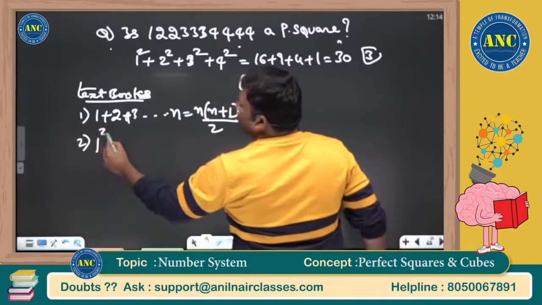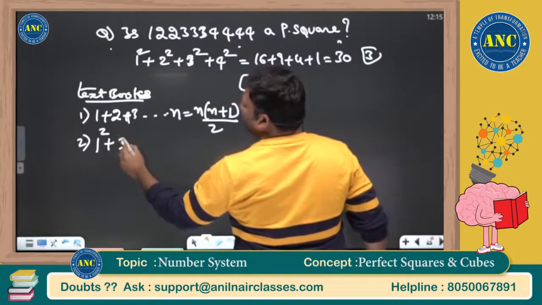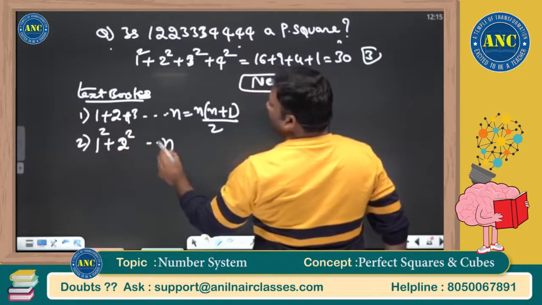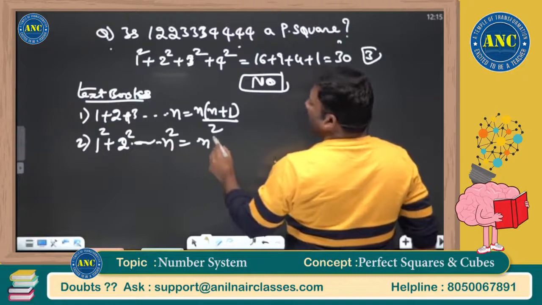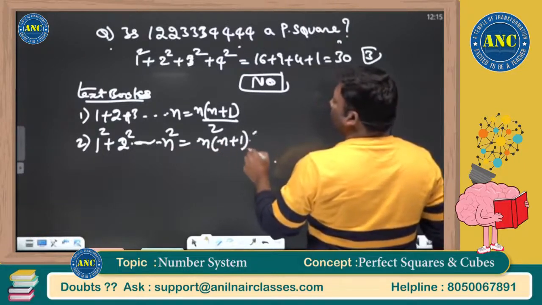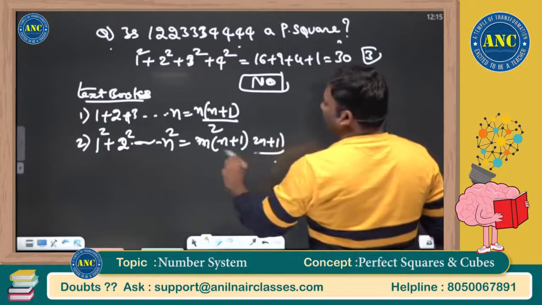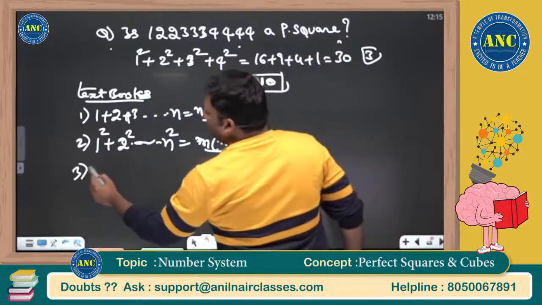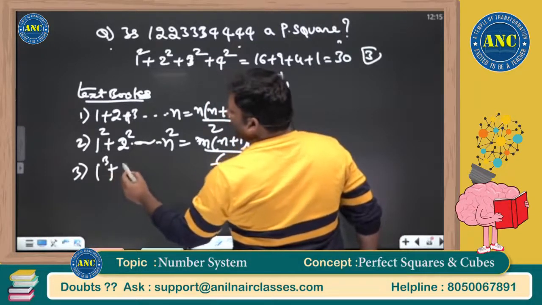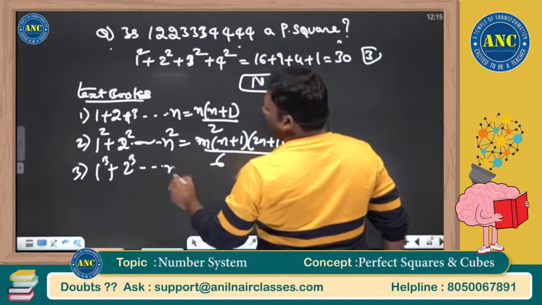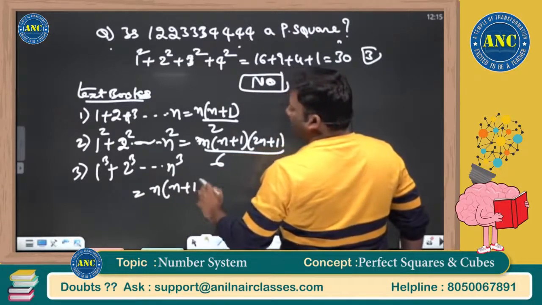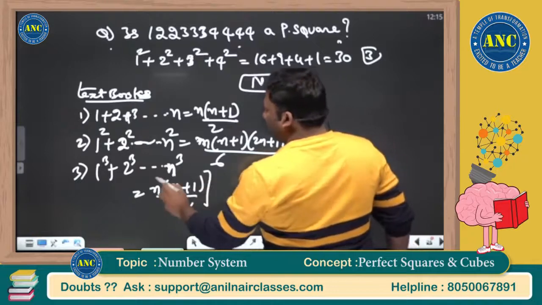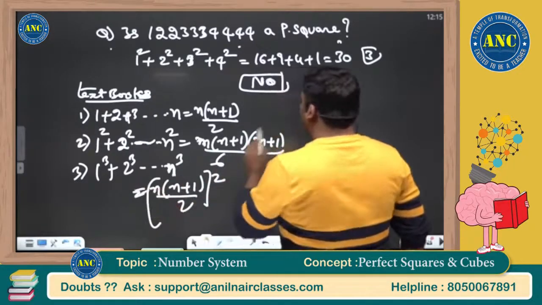The sum of the squares of the natural numbers is n into n plus 1 into 2n plus 1 by 6. Last one, the sum of the cubes is n into n plus 1 by 2 whole square. Only these 3 will be there in your textbook. But in your examination, they might ask you another model also.